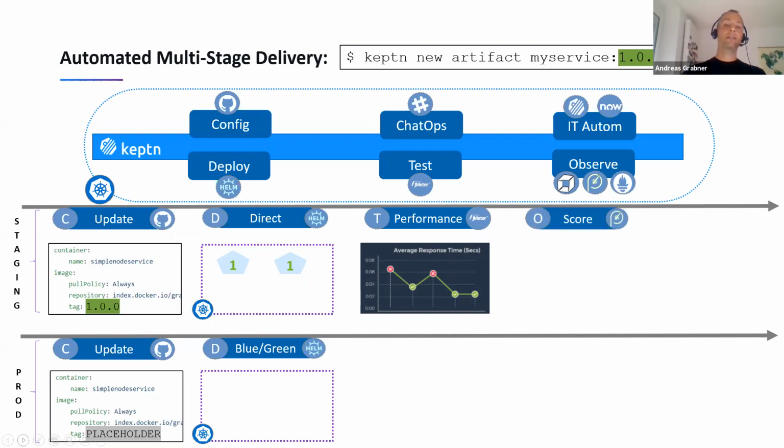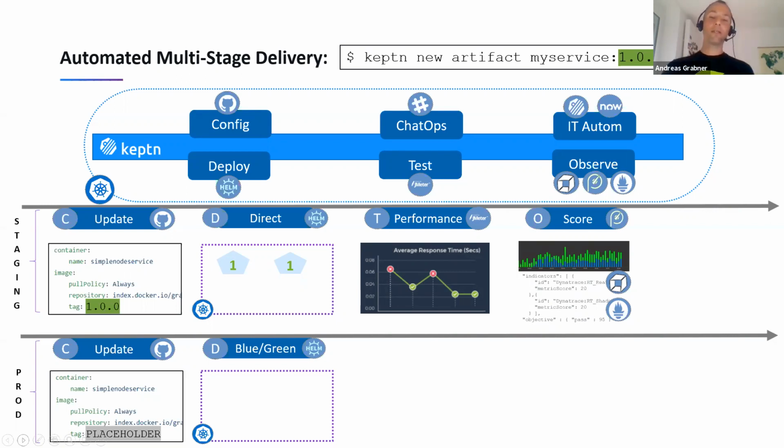Once they are done, the next phase becomes evaluation and scoring. This is where Keptn pulls the data from the monitoring tool that we've configured. It could be Prometheus, it could be Dynatrace. Today we're using Dynatrace, and it pulls in all the metrics that we have specified in the uploaded SLIs and compares them with the SLOs, with the objectives. It then comes up with a score between 0 and 100.